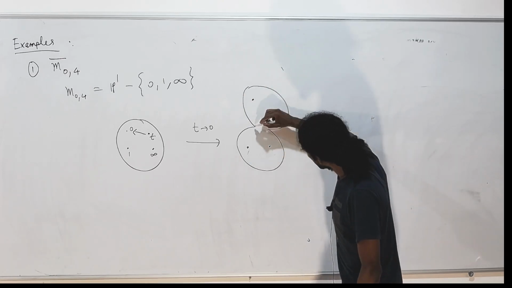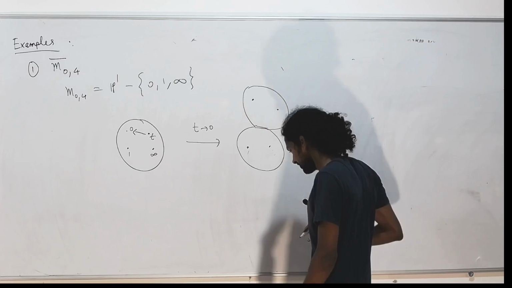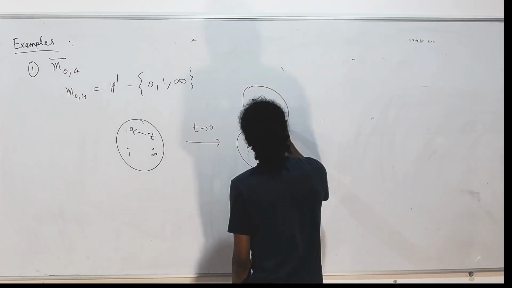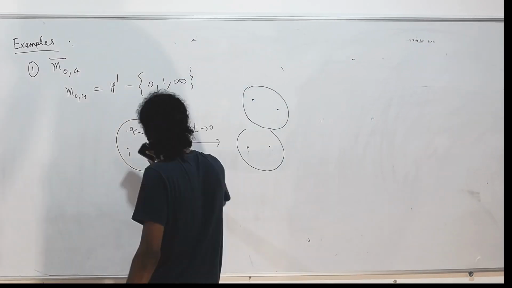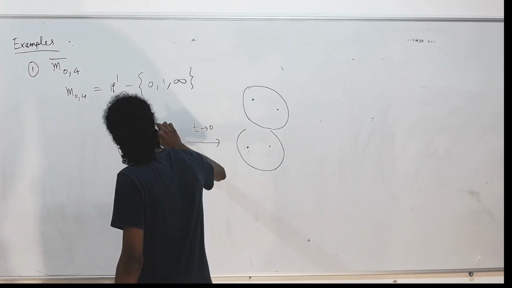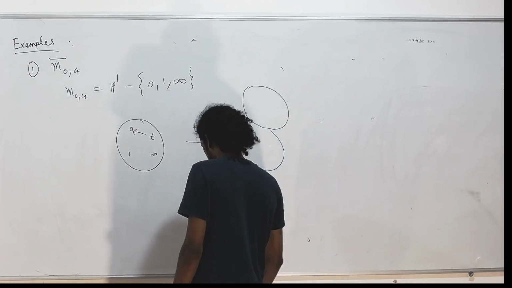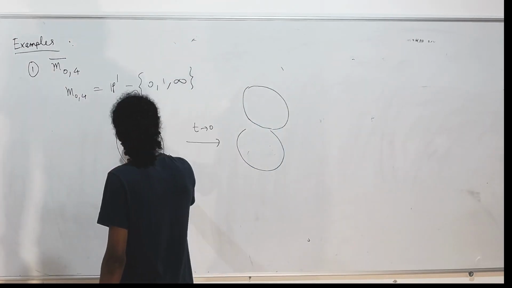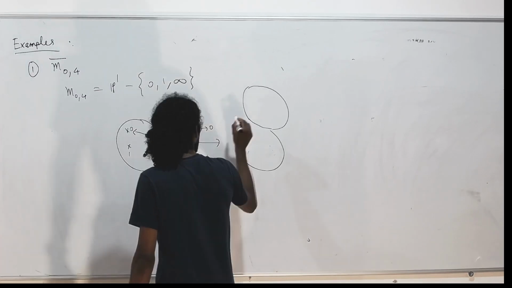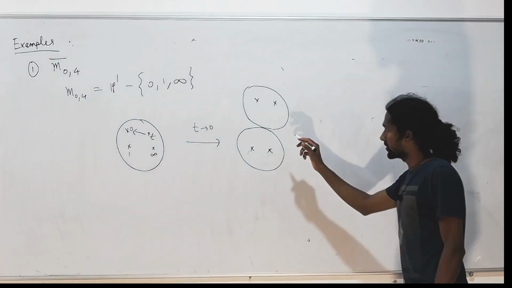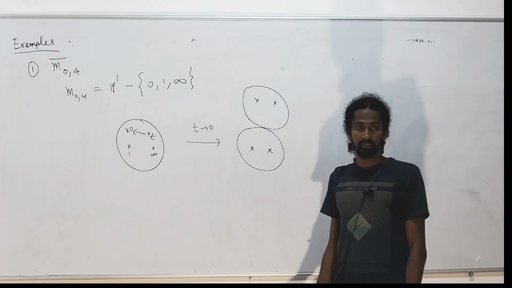So you get a curve that looks like this. Oh, and I said that I would use x for marked points. Okay, so this is one of those limit points.